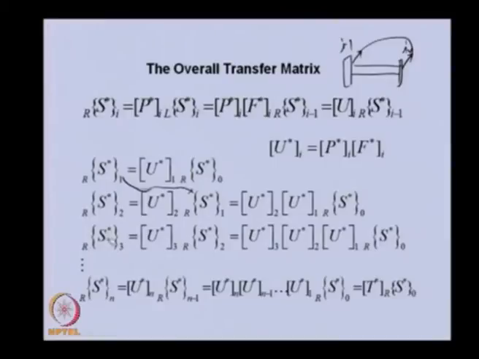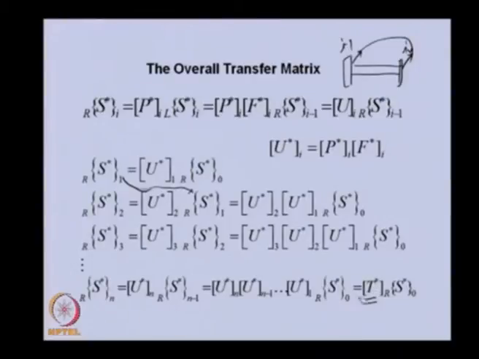Similarly, for 3 it will be the multiplication of u3, u2, u1 and the state vector at the 0 station. We can extend this up to the nth station. In that case, we will have the multiplication of all these transfer matrices, and all of these we represent as T, which is the overall transfer matrix.